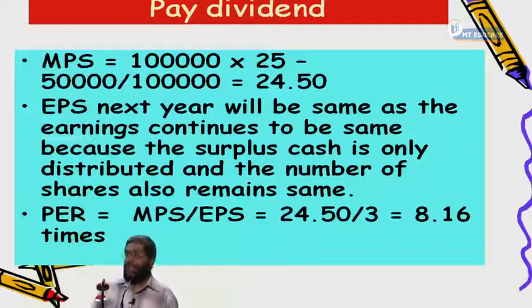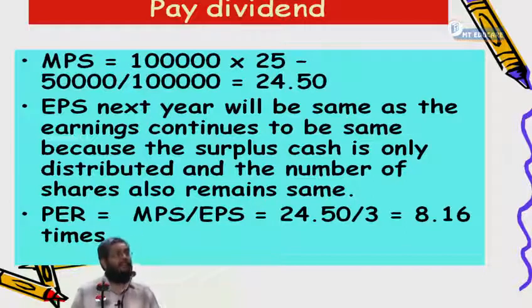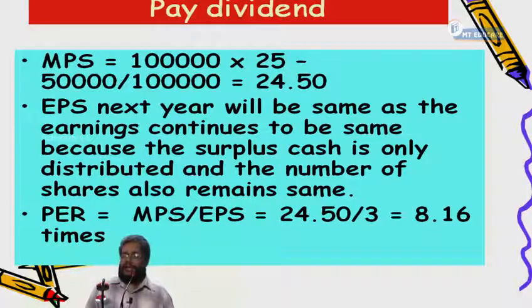And the P/E ratio is 8.16 times. Up to this, are you following? Did the P/E ratio change? It has changed. Earlier it was 25 by 3, now it is 24.5 divided by 3. The P/E ratio has changed.